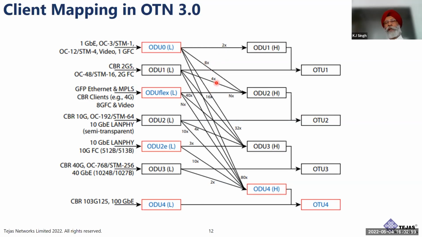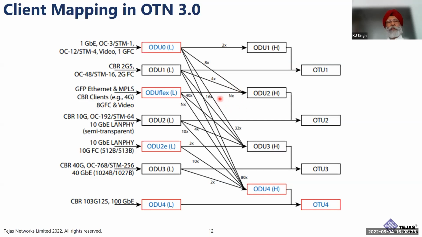The original 2.5 gig STM, you can carry 4 of, and obviously you can carry a different, arbitrary number, if you have them as GFP encapsulated flexible interfaces. So that was an important aspect.